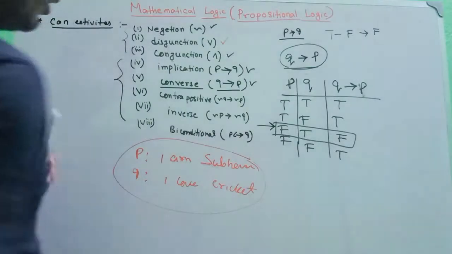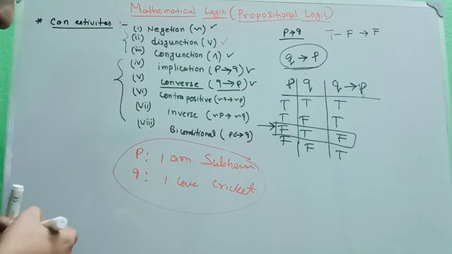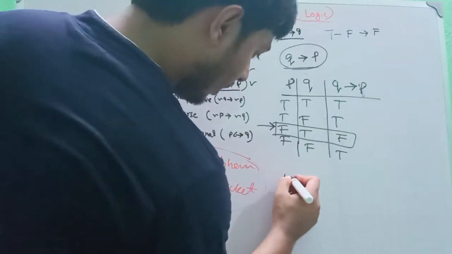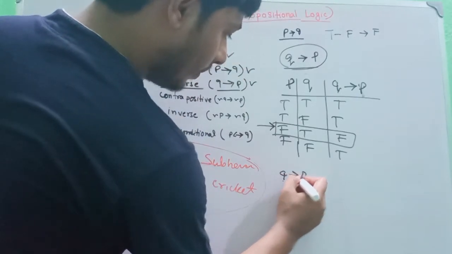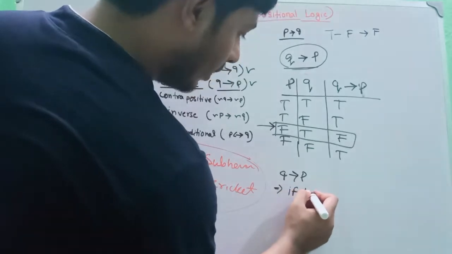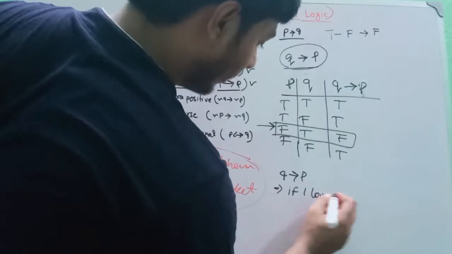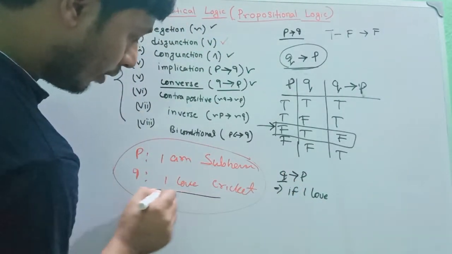That is converse. If I write this, what happens? Q converse P. You can see Q comes first, so I have to use Q first.